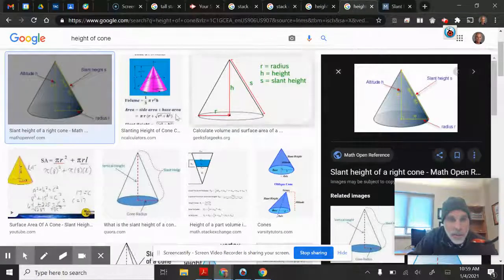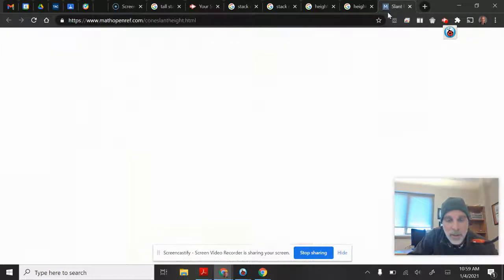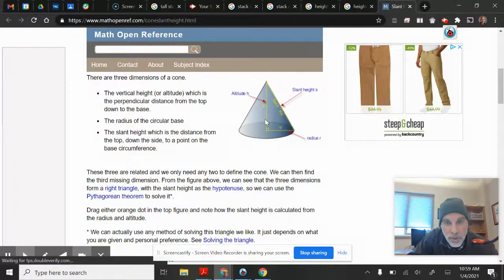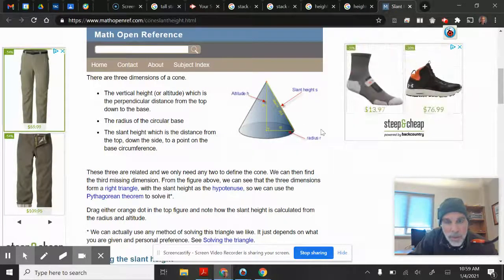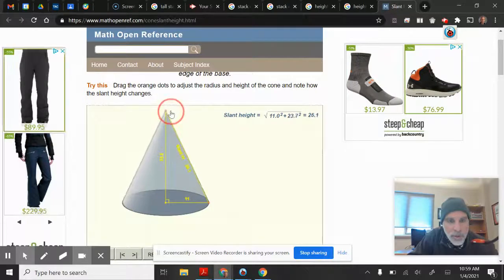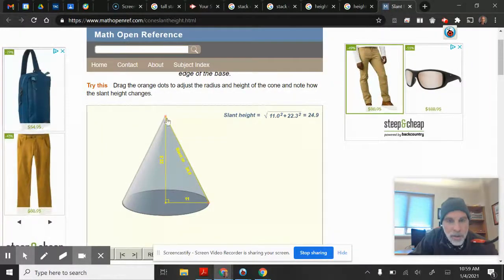Okay, let's talk about the height of a cone. Again, height and slant height. There they are, height and slant height. Okay, this one had a little demonstration over here that was pretty good. Here's the altitude or height, slant height out here, and then there's a radius. So you can start to see on a lot of these, what forms in here is a triangle. And this one, I'm adjusting the height and slant height and the triangle.